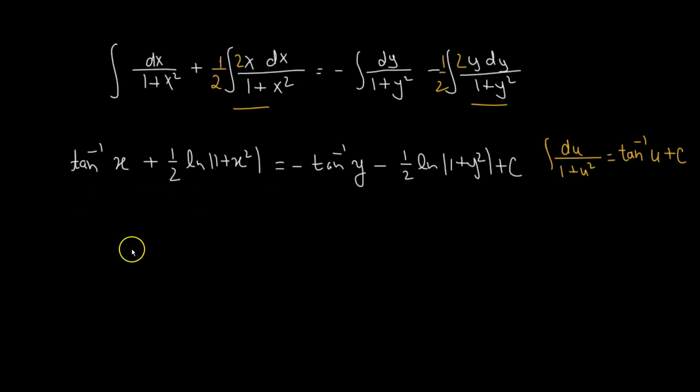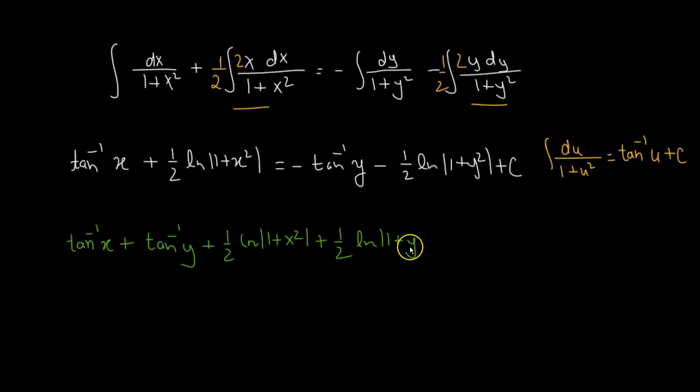So let's rewrite the terms to get tangent inverse of x plus tangent inverse of y plus half natural log of 1 plus x squared plus half times natural log of 1 plus y squared equals the constant of integration c. So this is the required solution to the given differential equation.